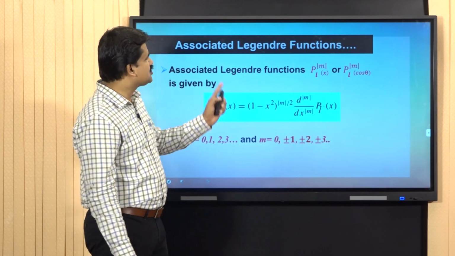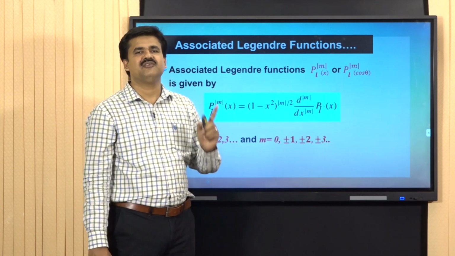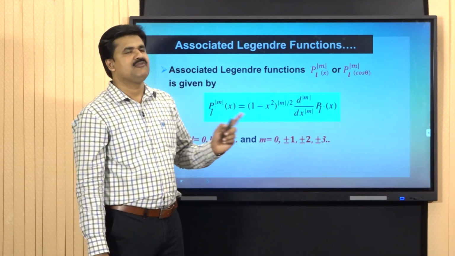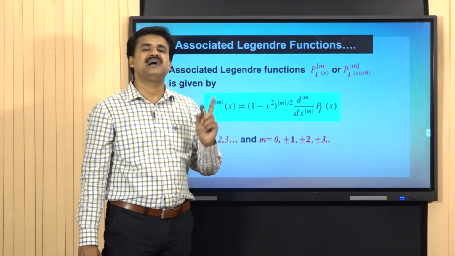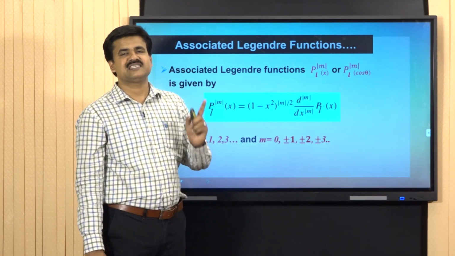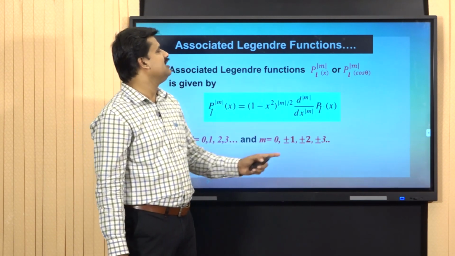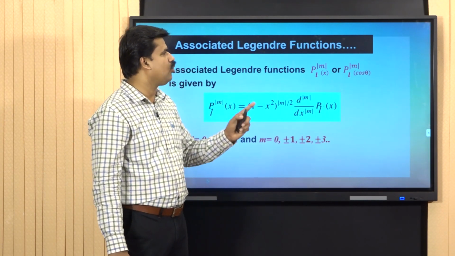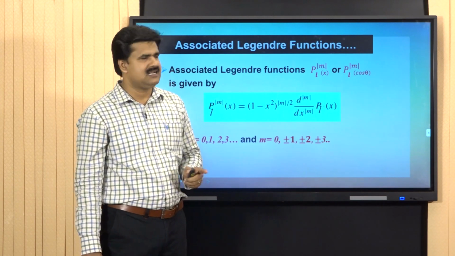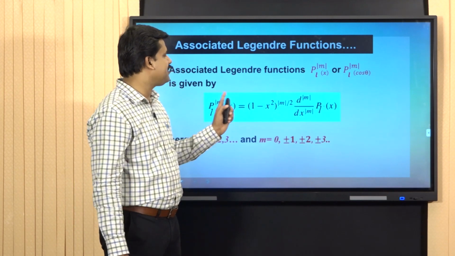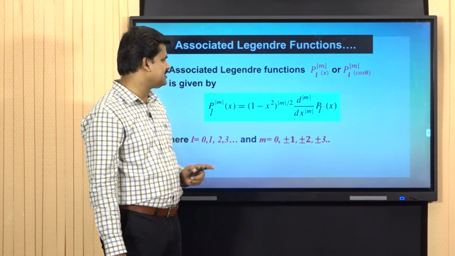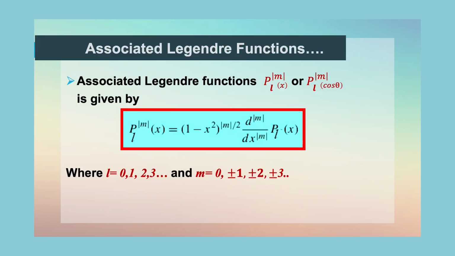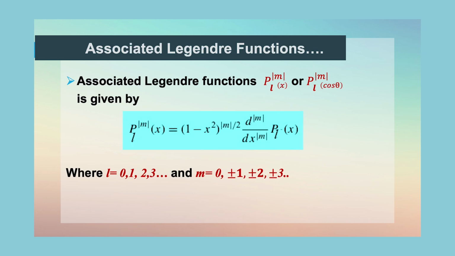Now, associated Legendre functions have a mathematical expression. The associated Legendre function, notated as PL|m|(x) or PLm(cos theta), is equal to (1 minus x square) raised to |m| by 2, times d raised to |m| divided by dx raised to |m| of PL(x).